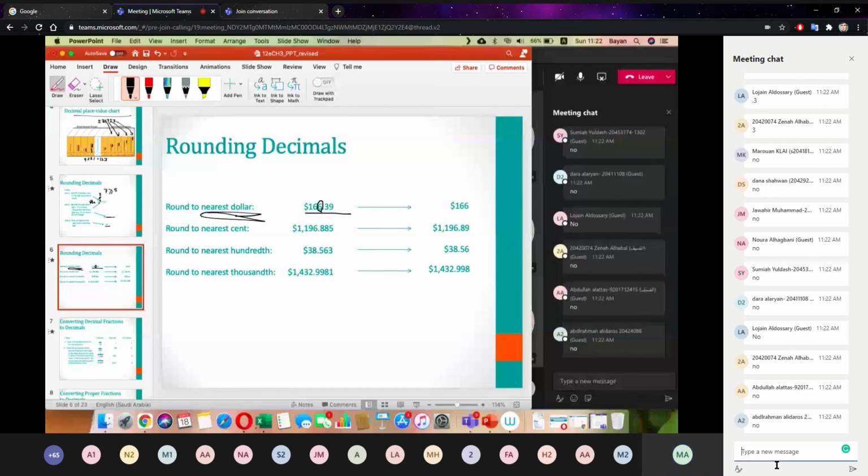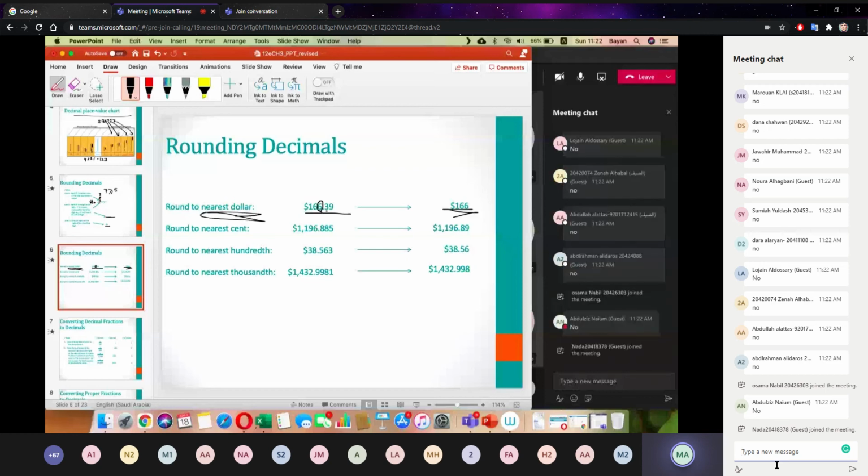No. So we drop the values after number 6, so we keep it the same, 166. After number 6, we have 3, and 3 is not equal or greater than 5. So we drop the values here. So the answer will be 166.